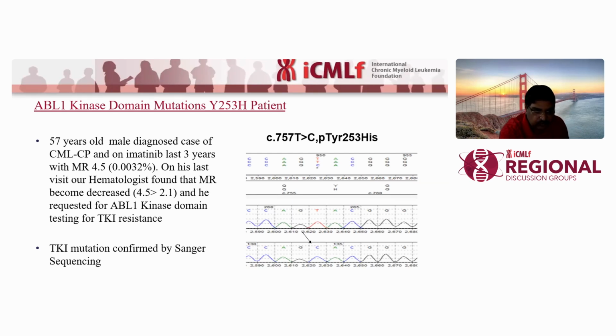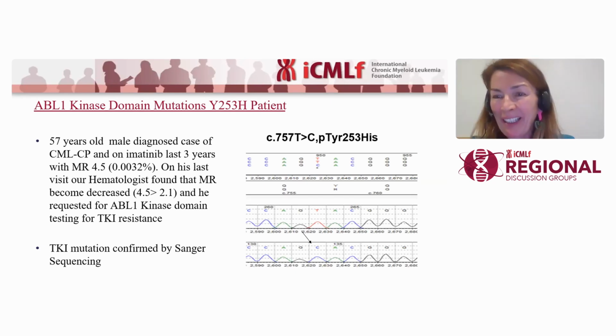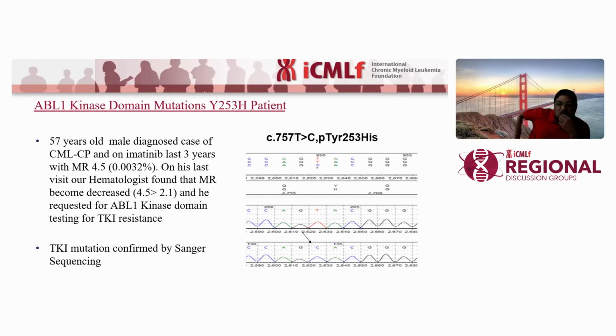You can change your TKI. I want comments from Simona on this as to when Sanger sequencing is enough and when NGS is required. That's my question to her. So Simona, and then Nick, and then we'll have to move on because time is not on our side.